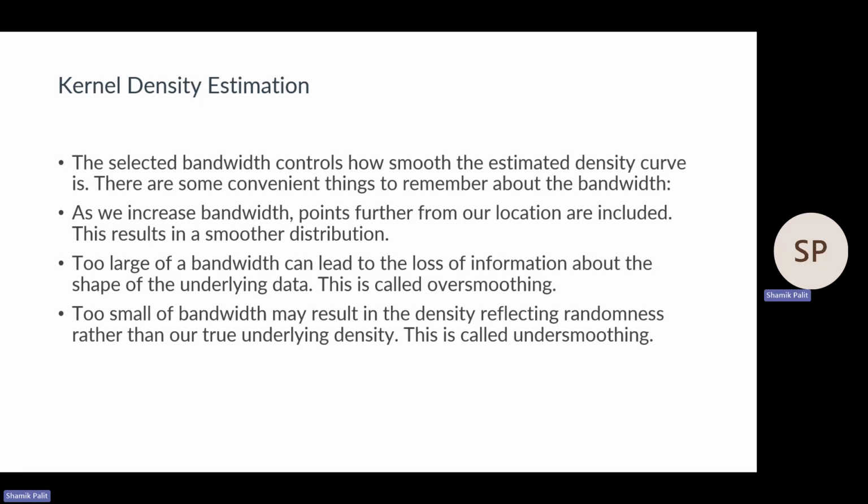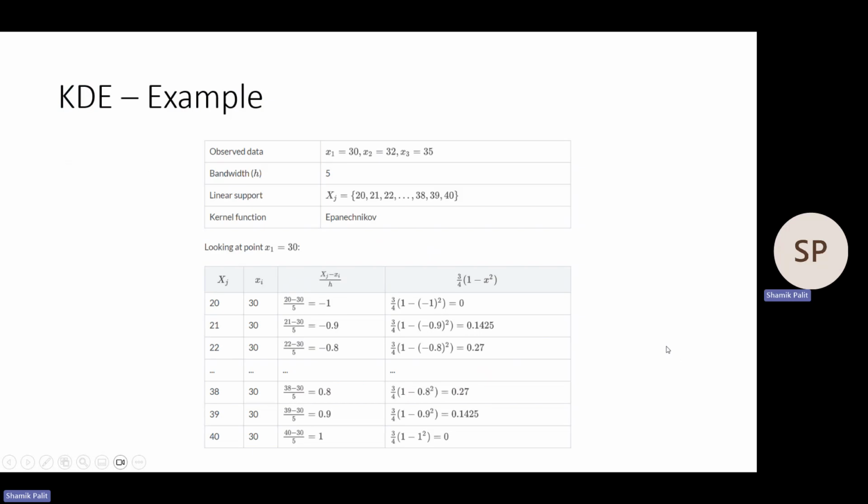So we need an optimal bandwidth in between over smoothing and under smoothing, giving us the proper estimation while we are working with any particular machine learning model.